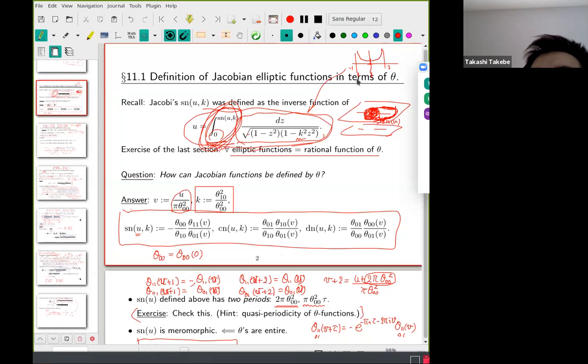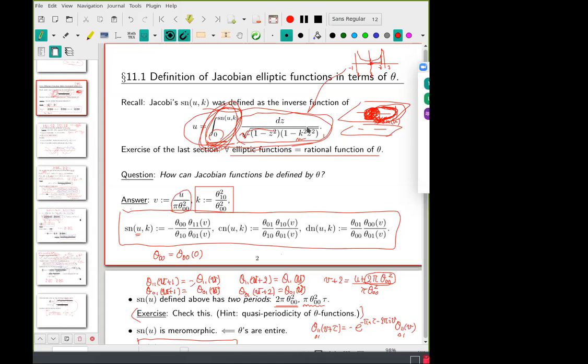So we integrate such a function from here to some value. But on the complex plane or on the Riemann surface, we have such a non-trivial cycle. So this integral is multi-valued, as we discussed in March, probably, because of the root here.